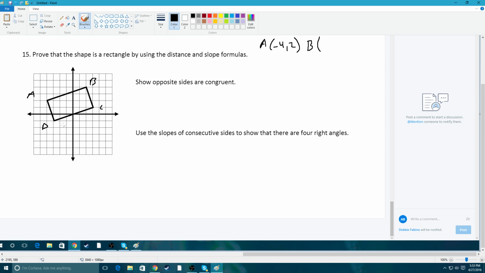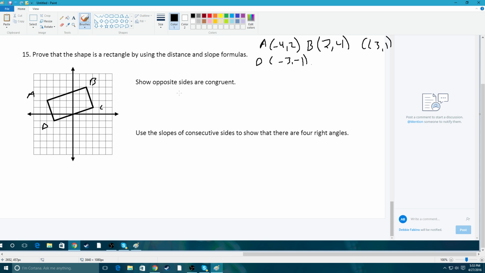B is located at positive 2, 4. C is located at 3, 1. D is located at negative 3, negative 1.